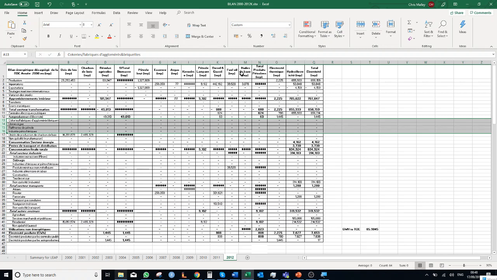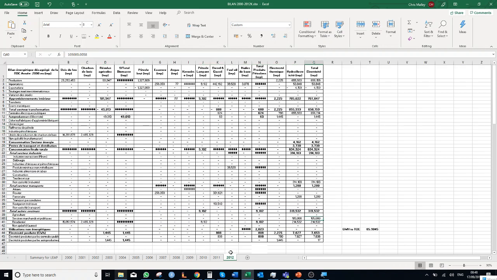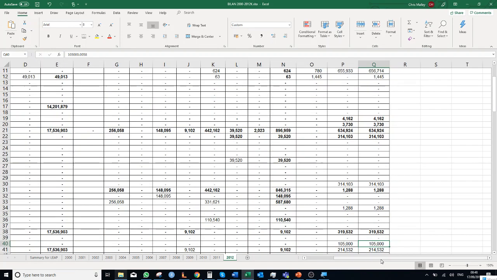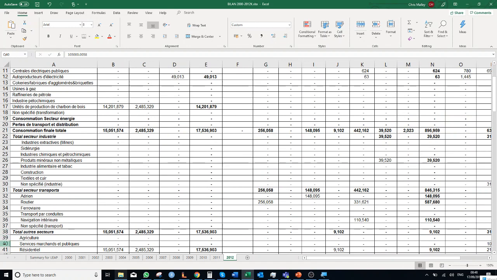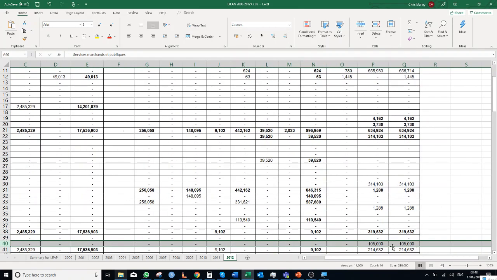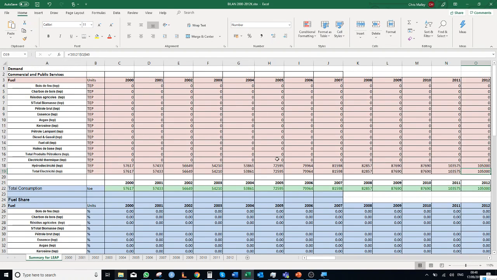And if I go to LEAP, if I go to the sheet for 2012 and look to commercial and public services, the electricity consumption is 105,000. So these data here in terms of the total electricity consumption has been taken directly from the energy balance.